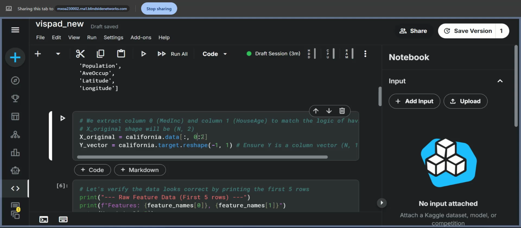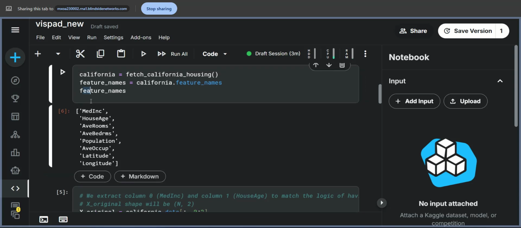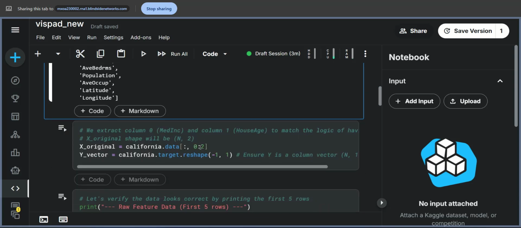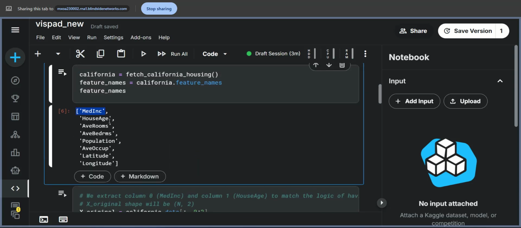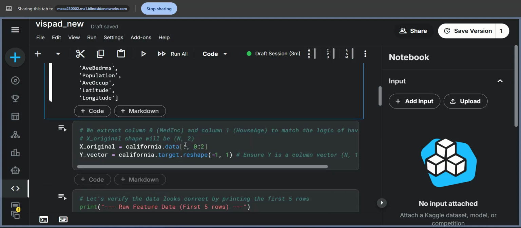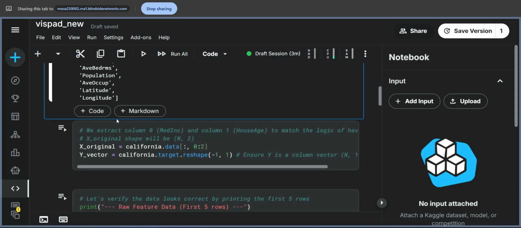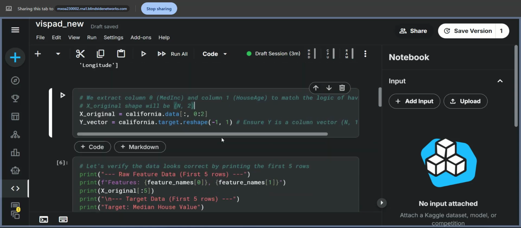From the fundamentals of Python, we know that this is going to return indices 0 and 1. The first index, 0, is the median income, and the second index, which is 1, is the house age. So that's what we are picking: all the rows, and both columns, the median income and the house age, right? Okay, that's fine.